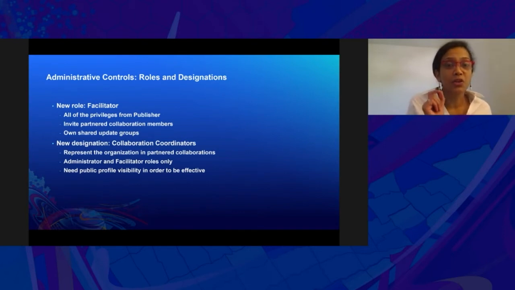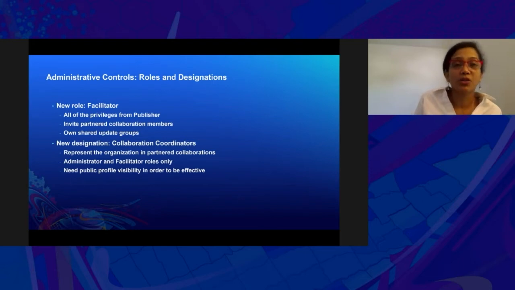Collaboration coordinators are the people who represent the organization in partner collaborations. They are the easiest people to find. And you're going to see some of this in action in Kelly's demos. Administrator and facilitator roles are required for somebody to be set up as a collaboration coordinator, and their profile visibility also needs to be public.